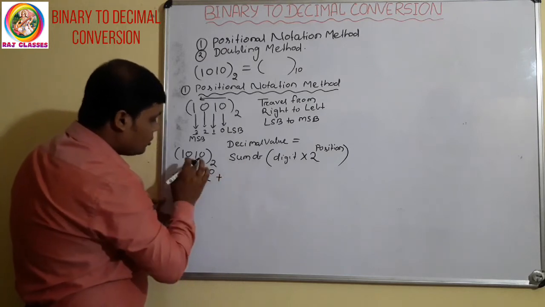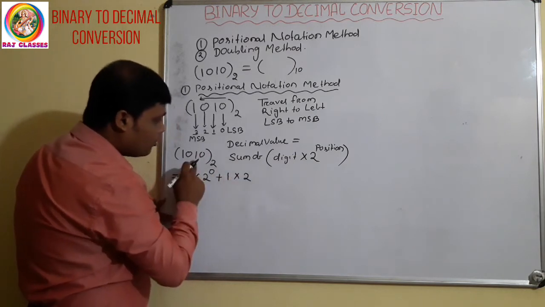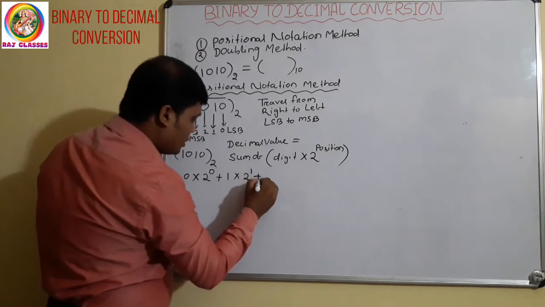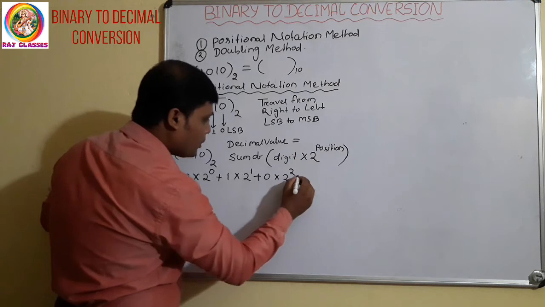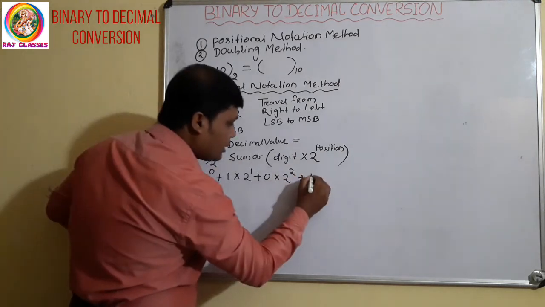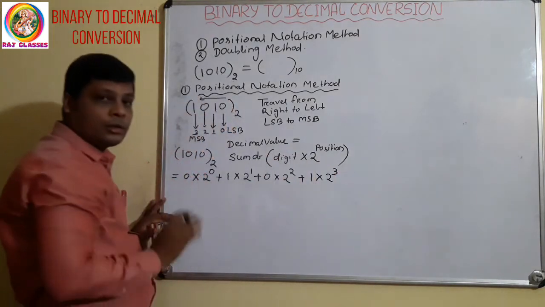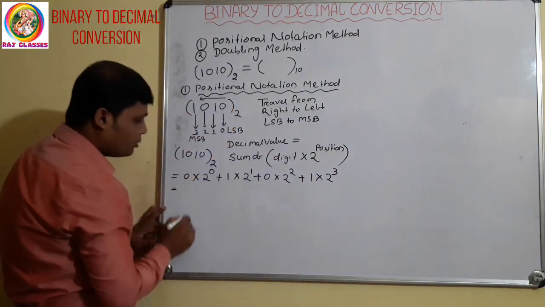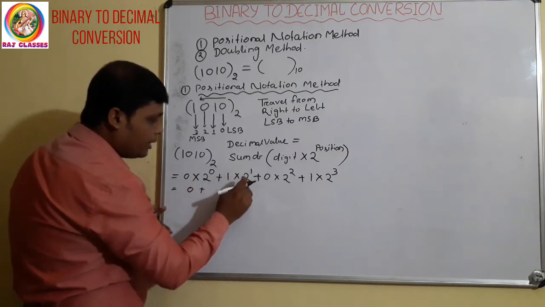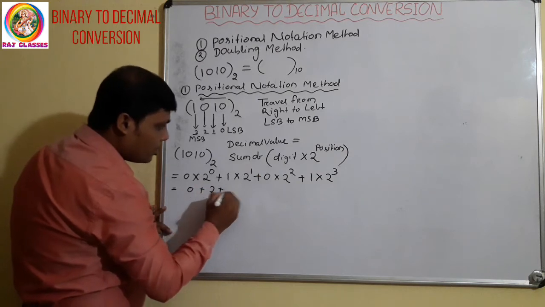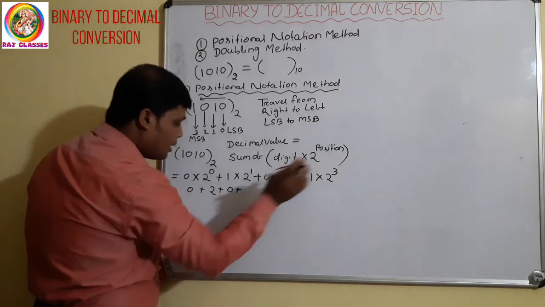The next digit is 1 into 2 to the power 1, plus similarly 0 into 2 to the power 2, plus 1 into 2 to the power 3. Clear? This will be equal to 0, plus 1 into 2 to the power 1, this is 2, plus 0, plus 1 into 2 to the power 3.